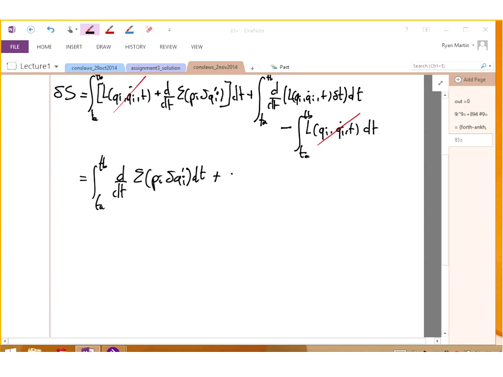Because the next term now is d by dt of L of qi dot t delta t. Right, so both these terms have a d by dt, so I'm just going to put the d by dt in front. And then the second term becomes L evaluated at qi dot t times delta t. dt.